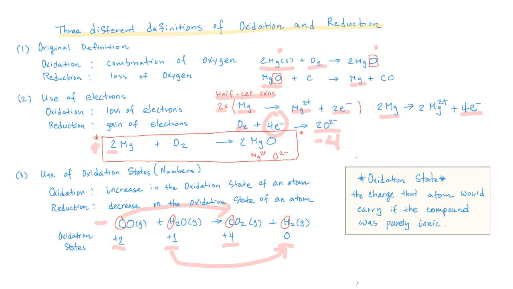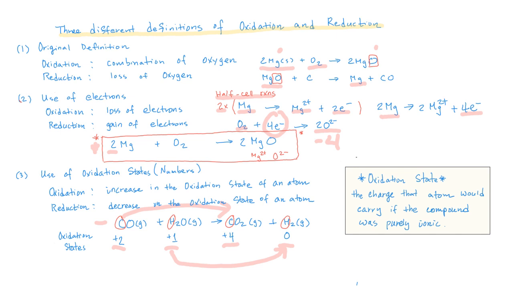Now, when you look at this chemical reaction, it is important to know that the substances that are involved in this reaction are not actually ionic compounds. So carbon monoxide, H2O, CO2 are molecular compounds, and hydrogen is molecules.